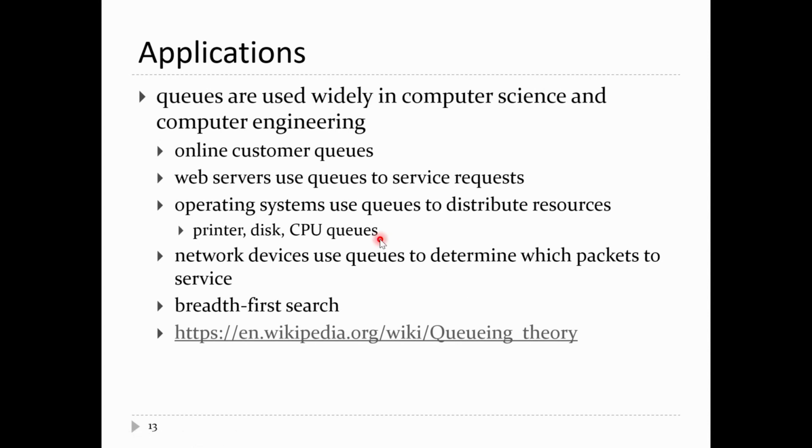So all of the programs go into a queue. They all get serviced. They all get a little chunk of time on the CPU. And then they go back into the end of the queue. There's a very famous algorithm called breadth-first search that searches a graph or a tree. It can be implemented using a queue. There's a whole branch of mathematics devoted to this. It's called queuing theory.